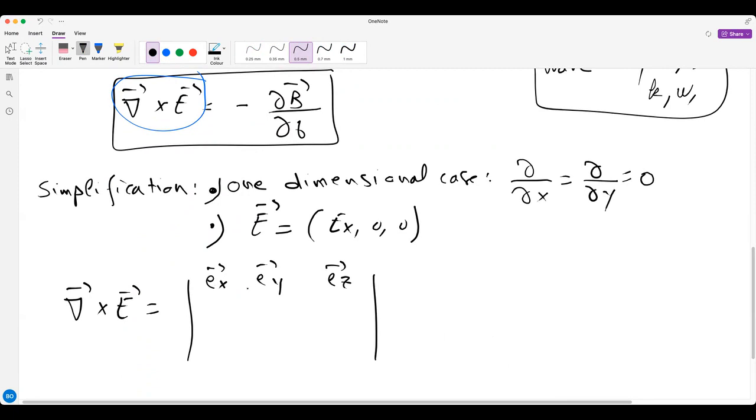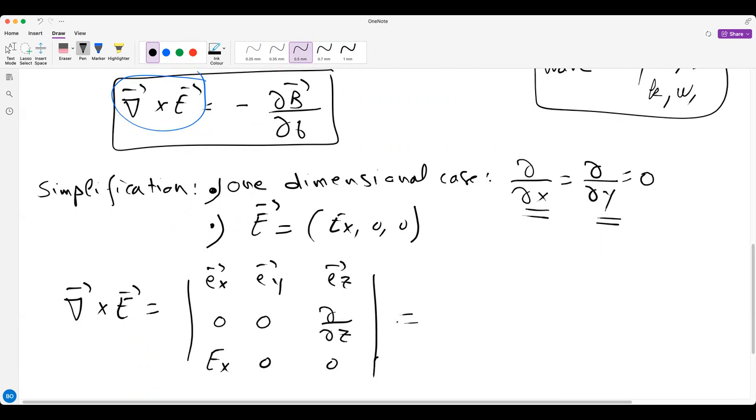I'm using ex, ey, ez because in my notes I use them, so I don't want to change them. Then nabla is 0, 0, and the partial derivative with respect to z, because this is the assumption we made here. And E has only one component.